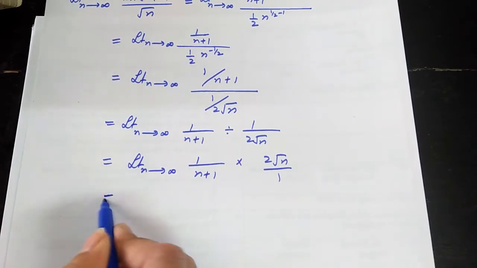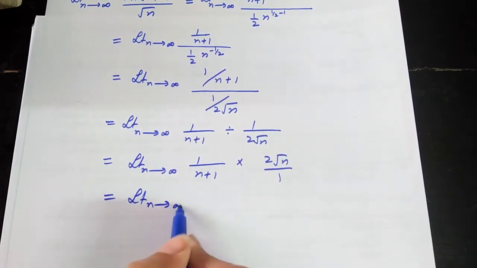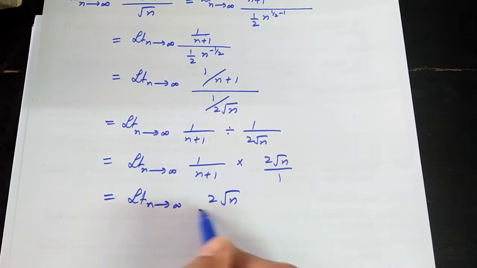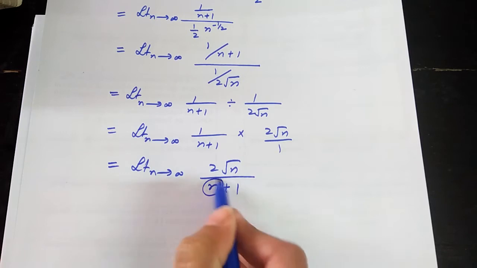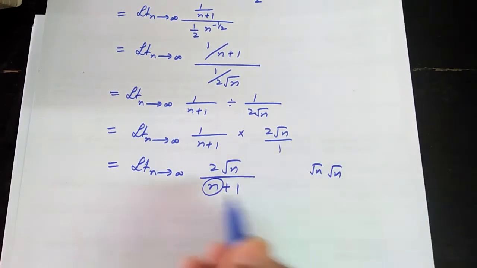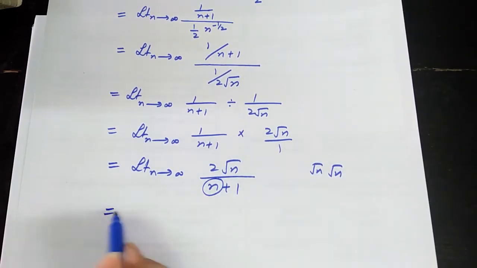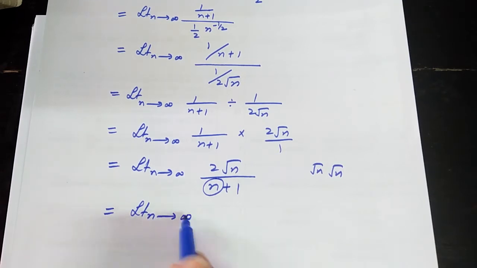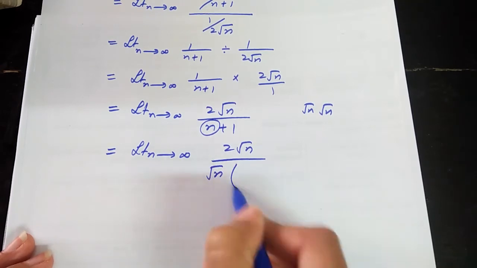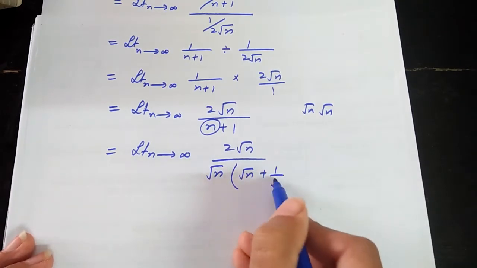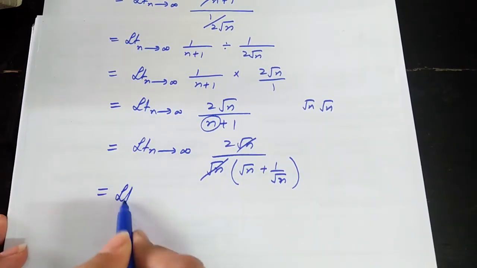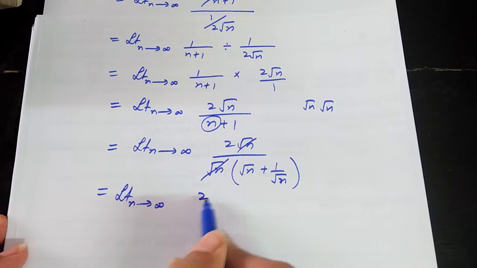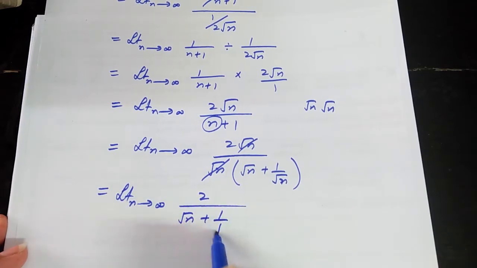So it becomes the limit as n approaches infinity of 2 root n over n plus 1. Now we know that this n can be written as root n into root n. I can take root n common to simplify it. I will get root n plus 1 over root n, and this will be cancelled with it. So I will get the limit as n approaches infinity of 2 over root n plus 1 over root n.